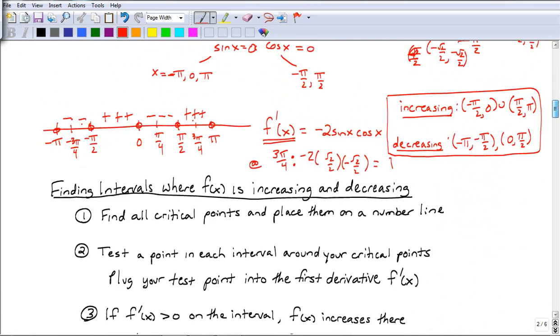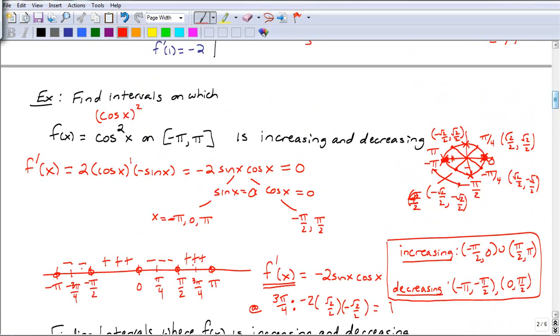And so if we were to go back up here, we would know that the cosine squared of x between negative pi and negative pi over 2, it's decreasing. From negative pi over 2 to 0, it's increasing. We know that's a local minima happening here because of the first derivative test. And from 0 to pi over 2, it's decreasing.